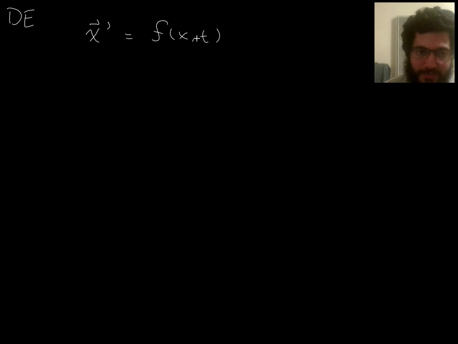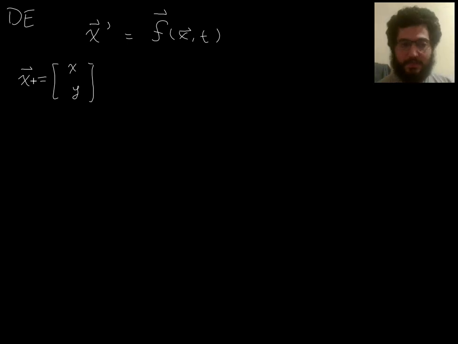So let me put a vector symbol above x here, and a vector symbol above the f. And then this is still what a differential equation is for us, except now interpret x with a vector symbol above it as actually standing for two things, x and y. So it stands for this vector value. I might just call it x vector.